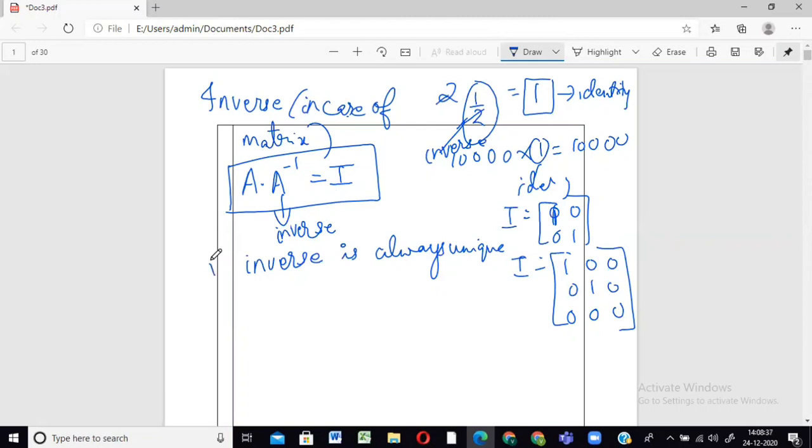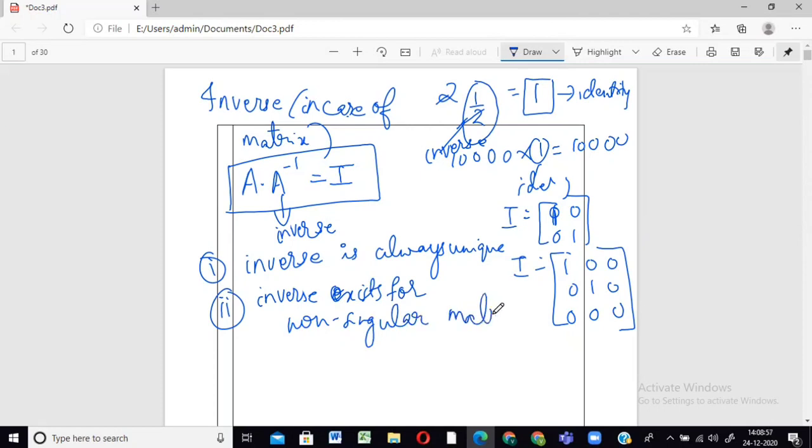One more important point is that the inverse only exists for a non-singular matrix. What do you mean by a non-singular matrix? A non-singular matrix is one whose determinant value is not equal to 0.